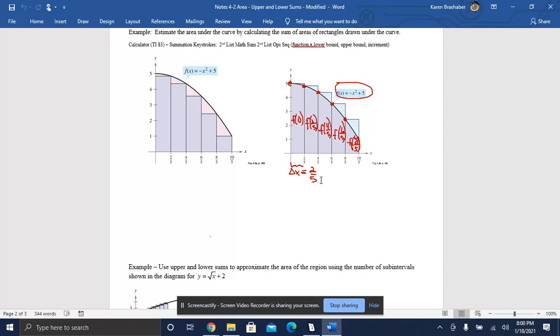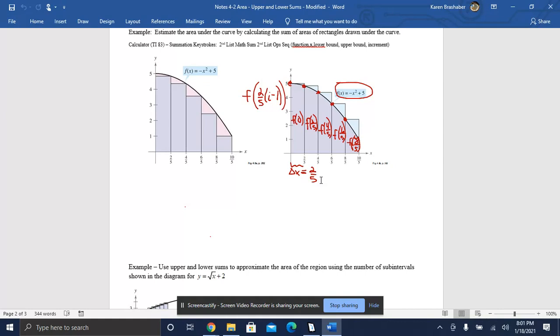And so on my counter, let's think about what I could use in order to make a general statement for this. So again, I'm going to be using f of, and I'm going to be using that 2/5 somehow. But I need my counter to be backed up 1 from where I was last time. So last time I used an i. So let's use i minus 1 as my counter. And let's just see if this works. So if i is a 1, that will be 1 minus 1, which is 0, and I'll get f of 0.